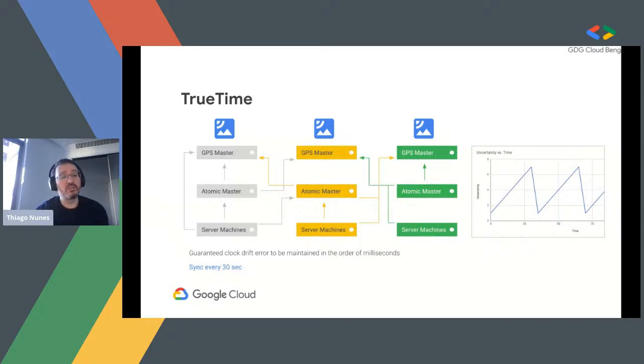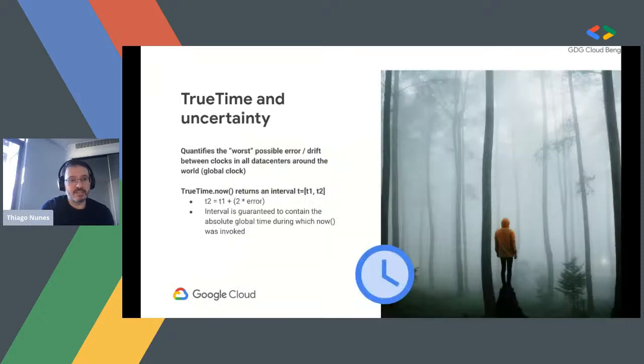So that's orders of magnitude better than what you can have with other network time systems. So let's take a look at how we use TrueTime. Basically, when you call TrueTime.now to get the current time, you're going to receive a time and an error. So that uncertainty or that clock drift, right?